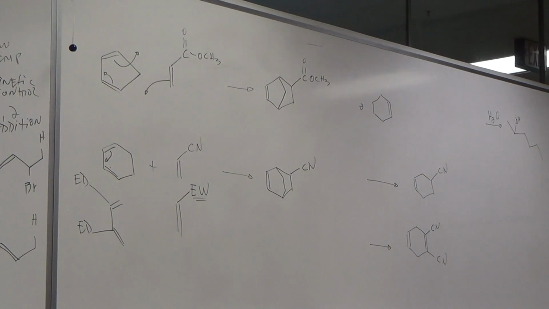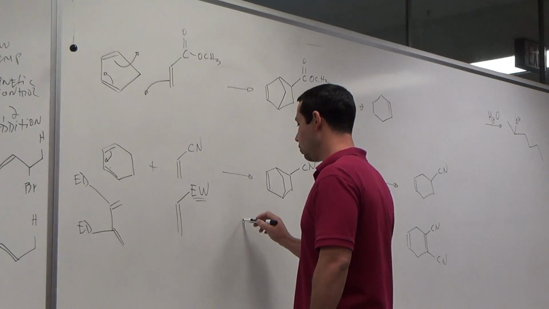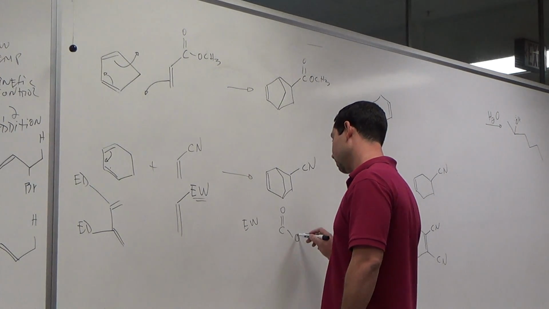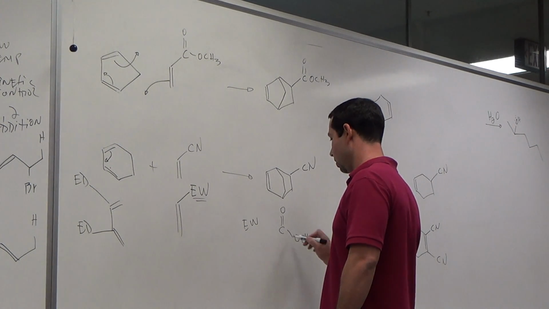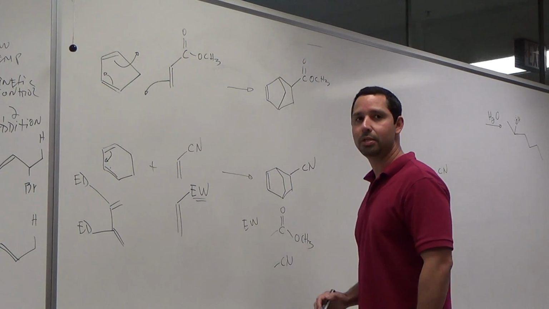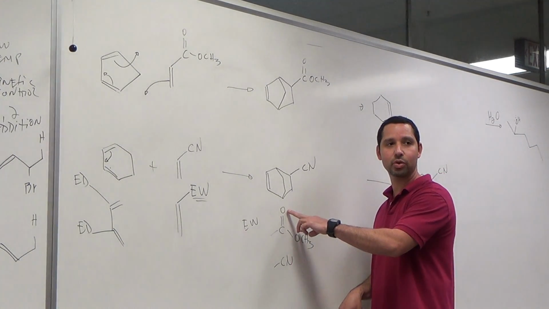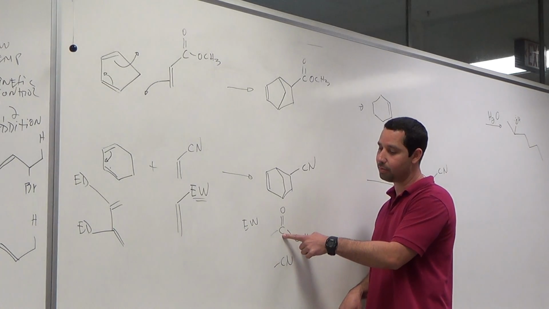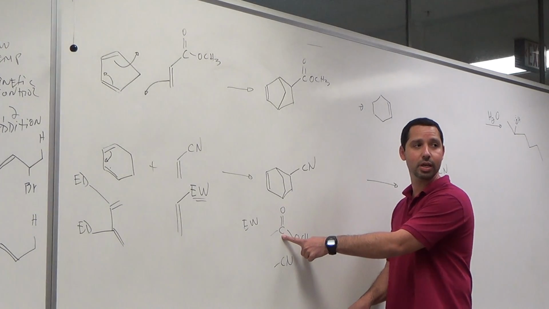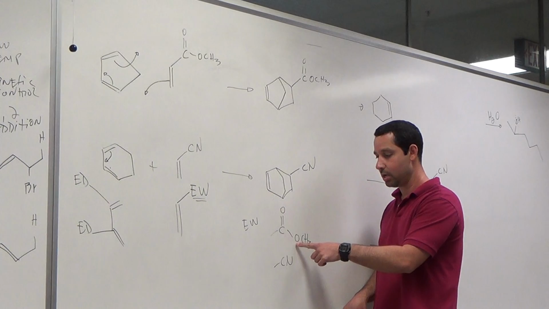Electron withdrawing groups are those that have an element, and next to that element they will have electronegative elements. So here's a carbon, and what is this carbon here? Is it delta positive or delta negative? Delta positive, because this is withdrawing electron density from here, and so is this one.